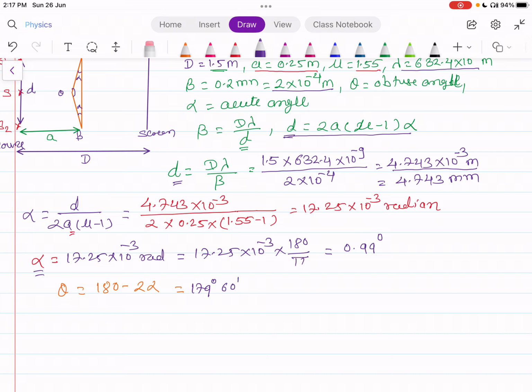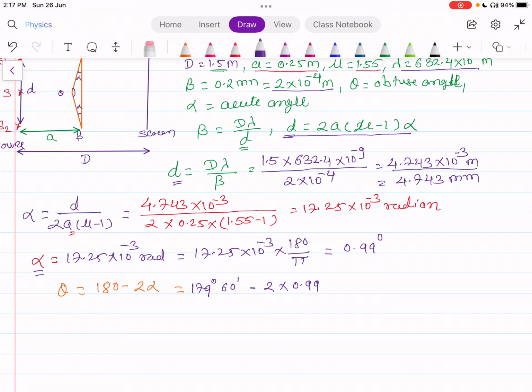So it is actually 180 degree minus 2 alpha, 2 into 0.99 degree.